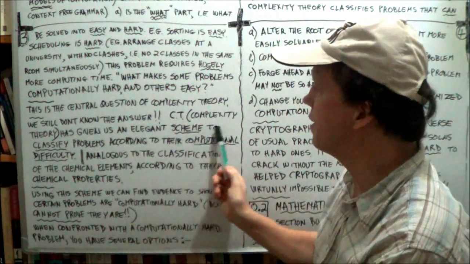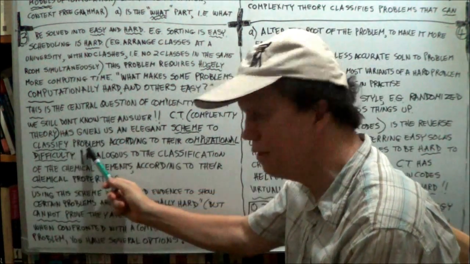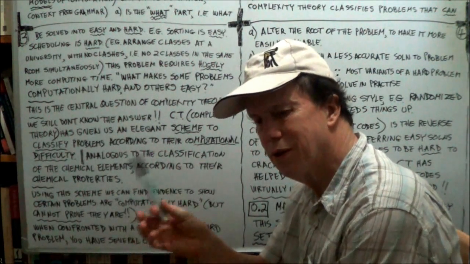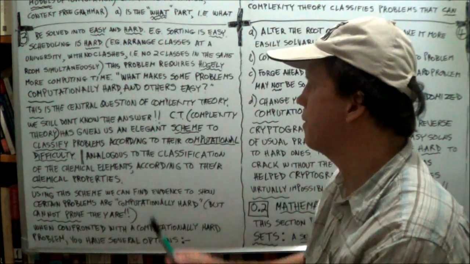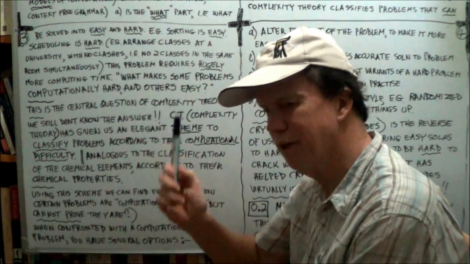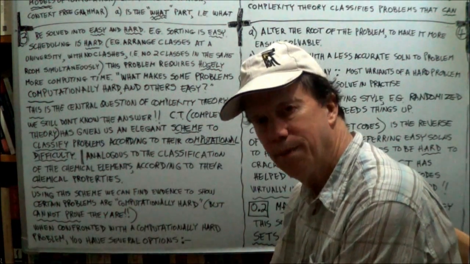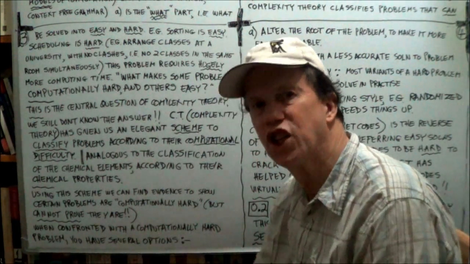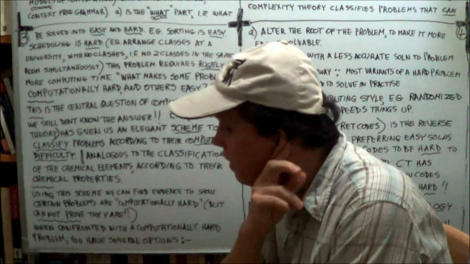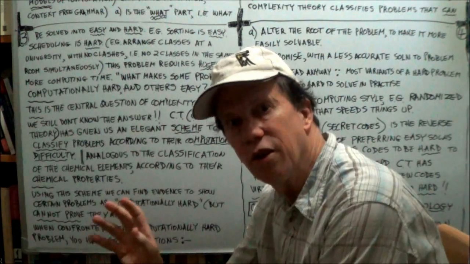One of the things it does is try to classify problems into various levels of hardness. So in a sense you can classify computer problems in that way, and each category of level of difficulty gets its own label.